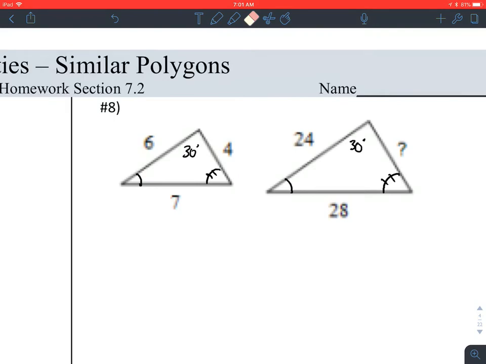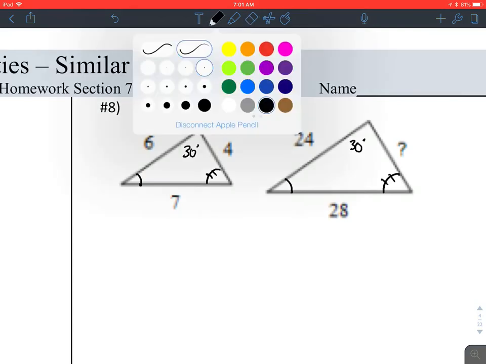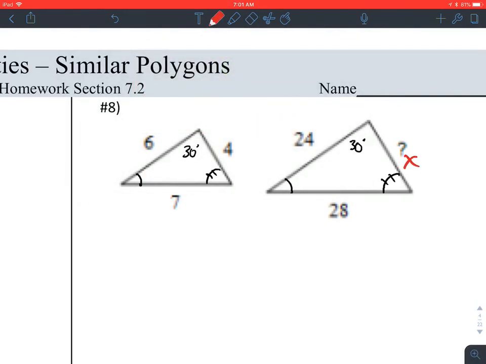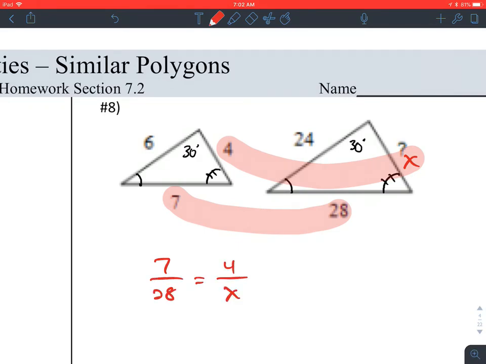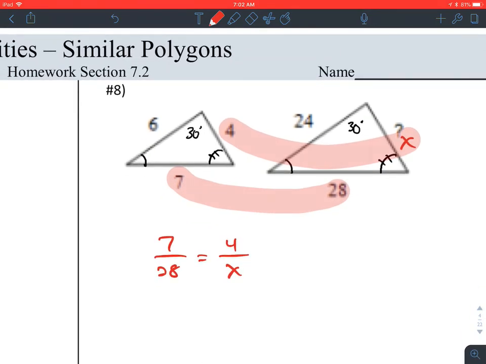Same directions. Find the missing measure. I'm going to call that missing measure x instead of a question mark. Corresponding angles are in the same positions already, which is great. So I got lots of choices here. I'm going to go 7 is to 28 as 4 is to x. 7/28 reduces to 1/4.